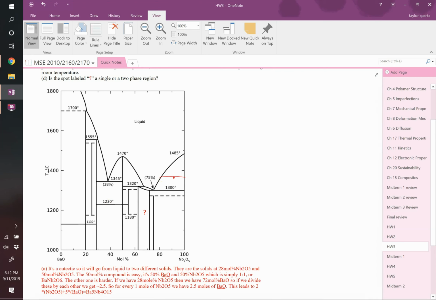So the liquid has that composition, because that's where it intersects the line of the liquid phase over here. And pure Nb2O5 has pure Nb2O5 formula. It'd be 100% Nb2O5, whereas this would be almost 81% Nb2O5 would be the composition of the liquid. So you draw the tie lines, and you see where they intersect some sort of boundary. Clarissa?